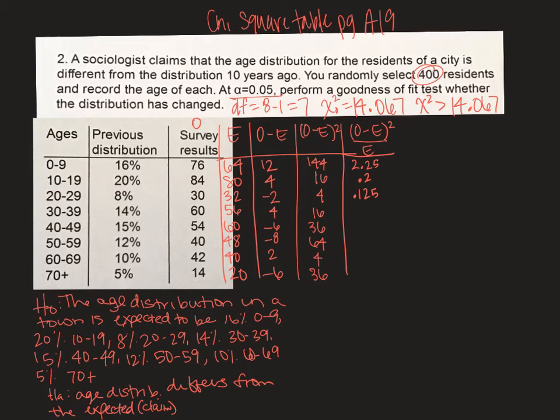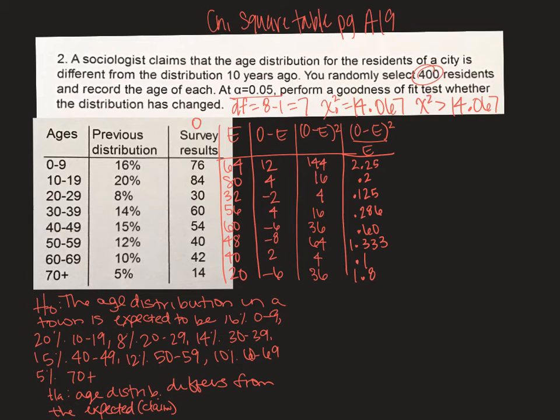Now, we've had decimals that end so far. If you don't, at least go to 3 decimals. You can go to more, but at least go to 3. 36 divided by 60. 64 divided by 48. 4 divided by 40. And 36 divided by 20.